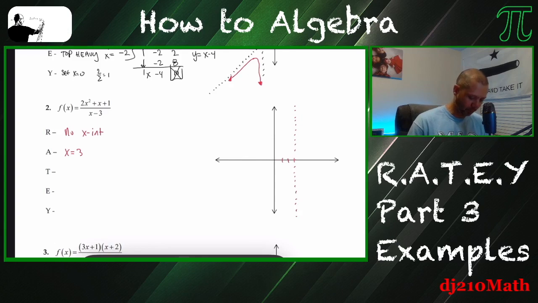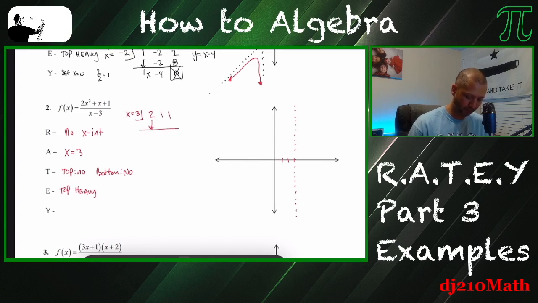There's no square factor in the top or bottom. And it is top heavy. So that means we have to use synthetic division. So x equals +3, then 2, 1, 1.